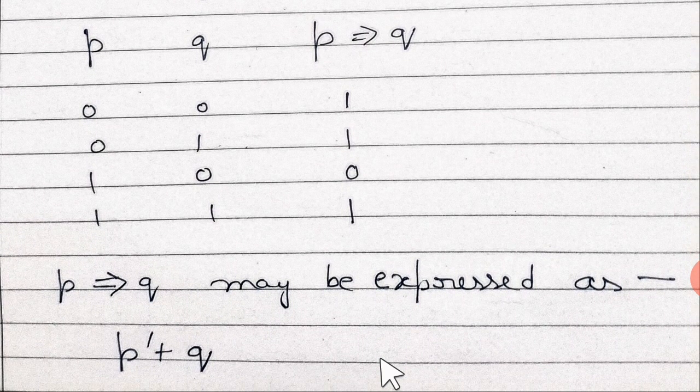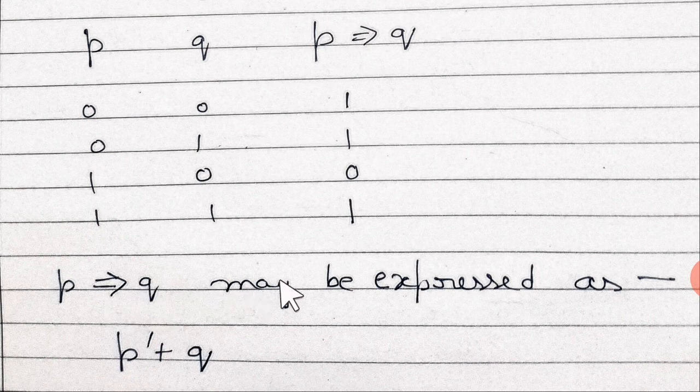Now, one very important thing: suppose I don't want to use the conditional, but I want to express this using OR and NOT. The conditional is being removed. We may call it conditional elimination. We have eliminated the conditional.